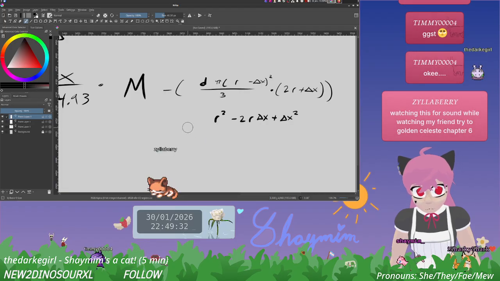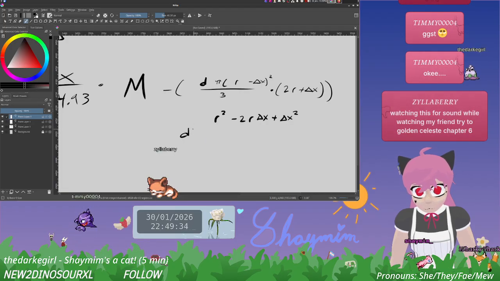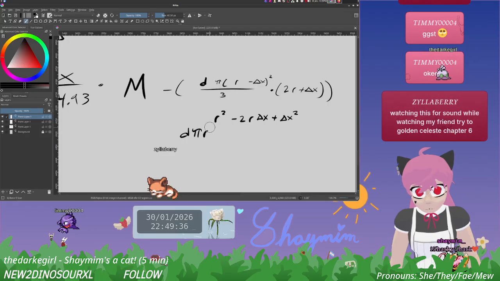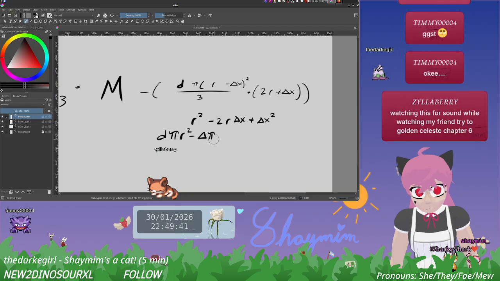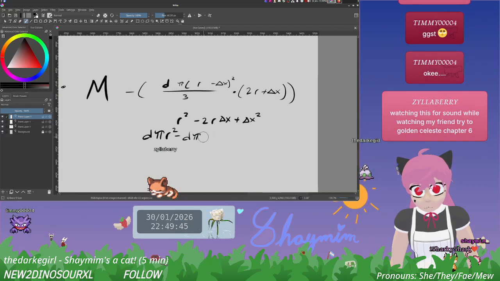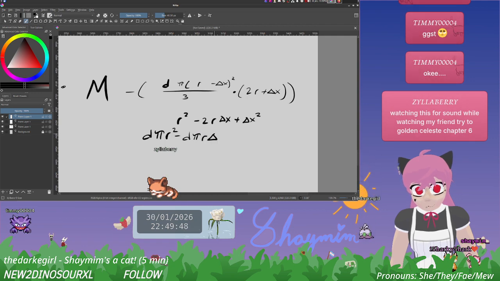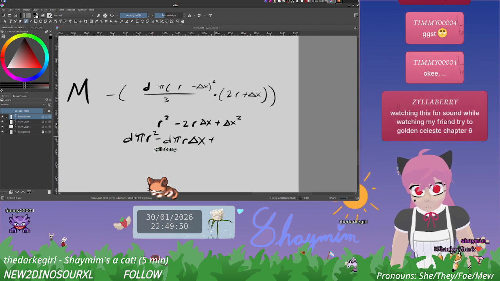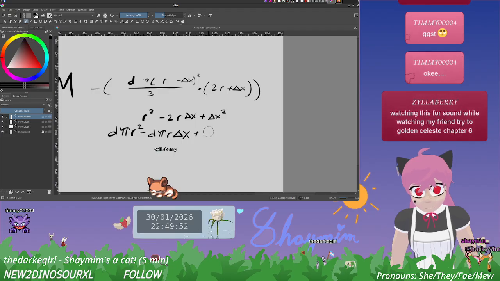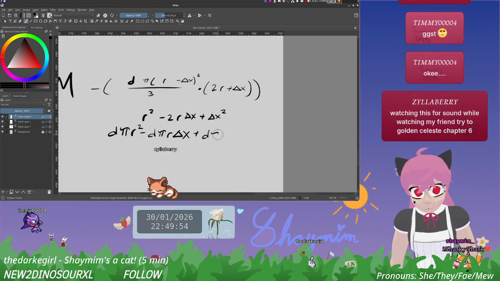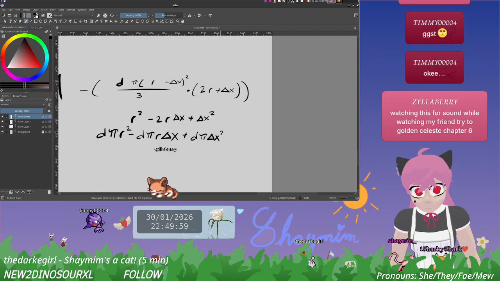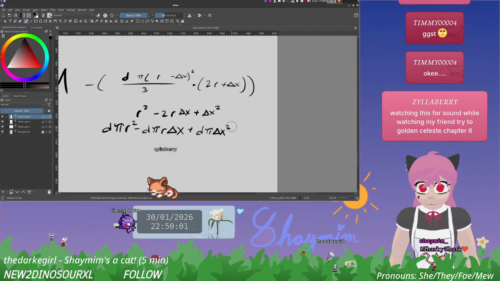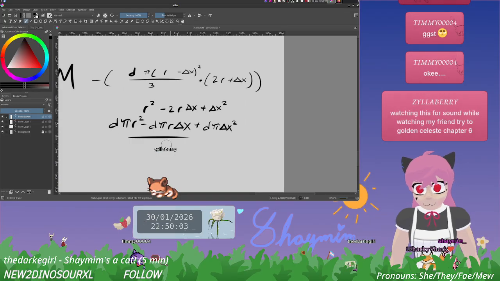So we have density times pi times r squared minus density times pi times r delta x plus density times pi times delta x squared. And that's all over 3.